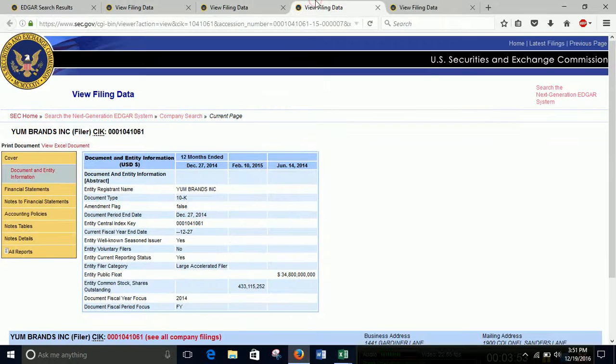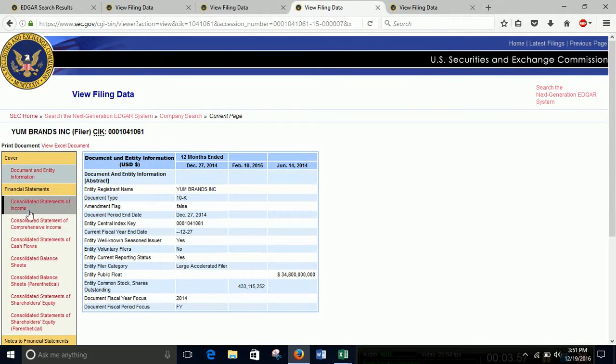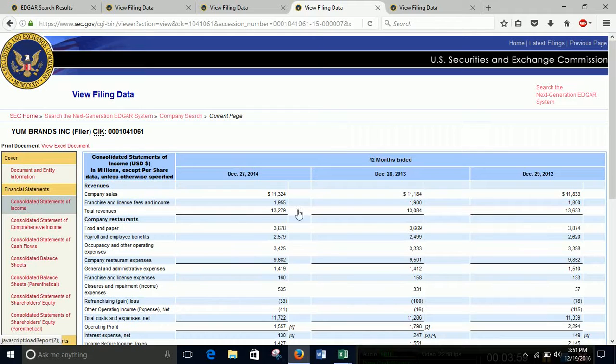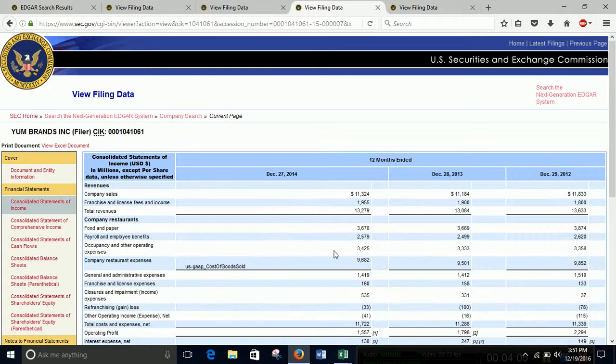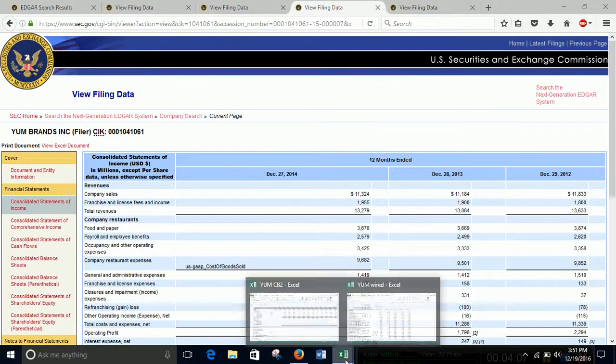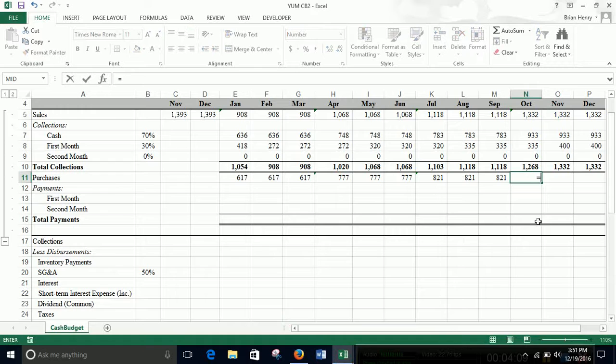So where did my 10K go? Here's my 10K. And so for the full year of 14, company expenses were right here, 9682. So I'm going to go here and I'm going to parenthesis 9682 minus the sum of the first 9 months.